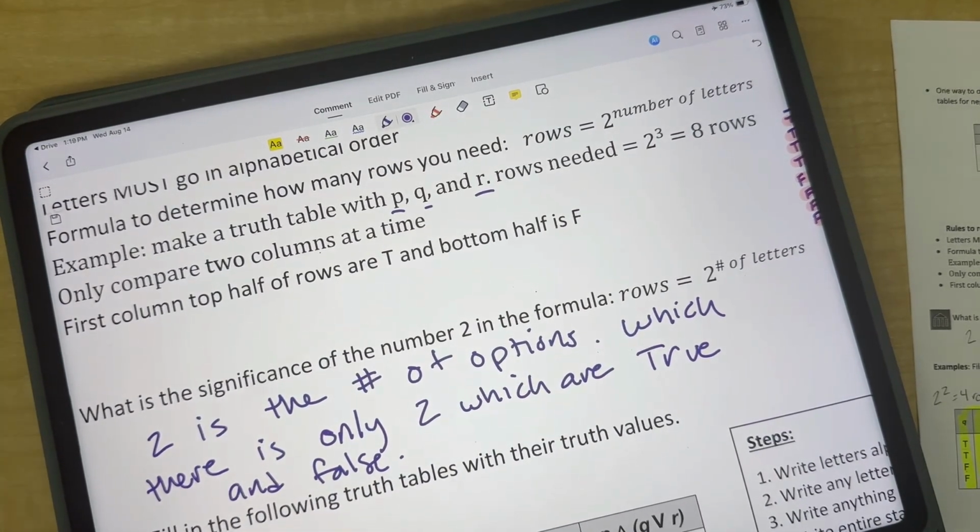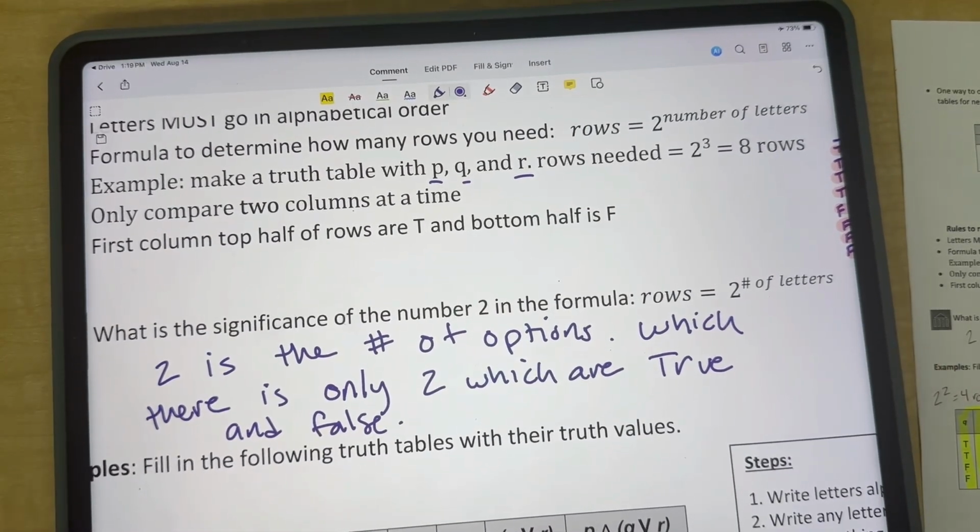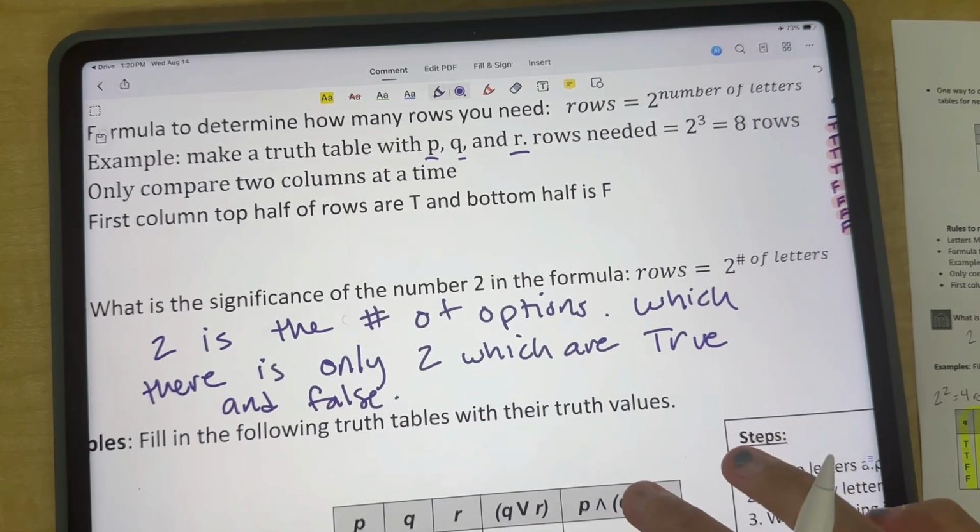That's why it's 2 raised to the number of letters, to determine how many rows you have. The letters are going to change; you might have 2 letters, you might have 4 letters. But you are only going to have 2 options for each letter.